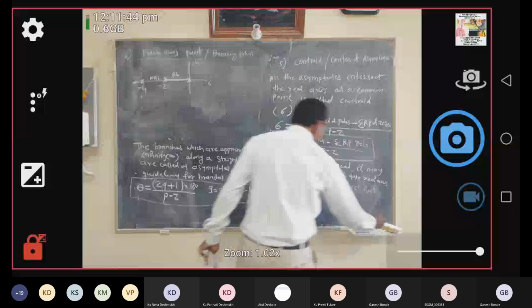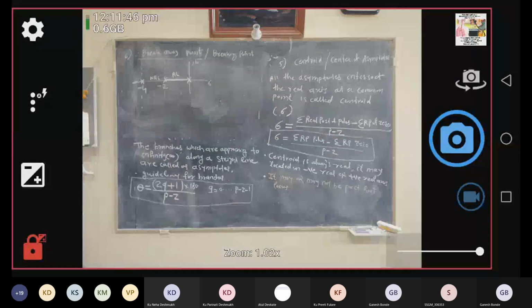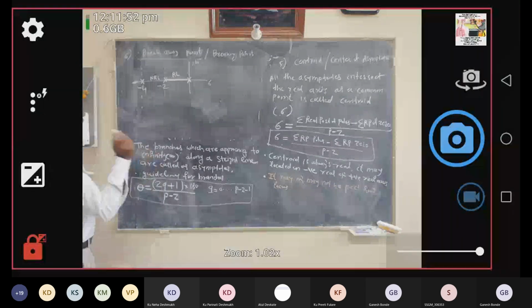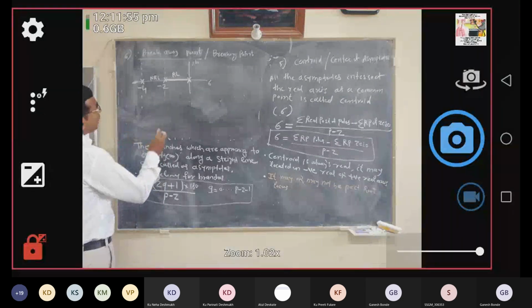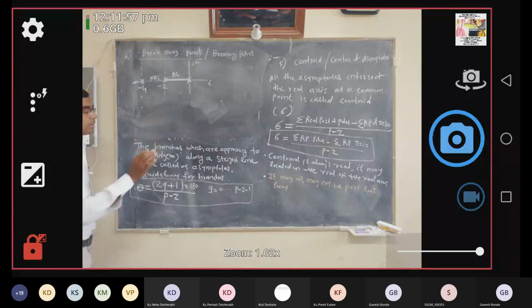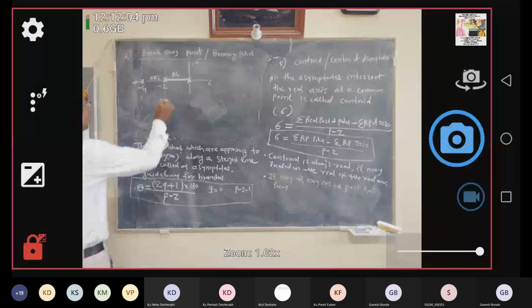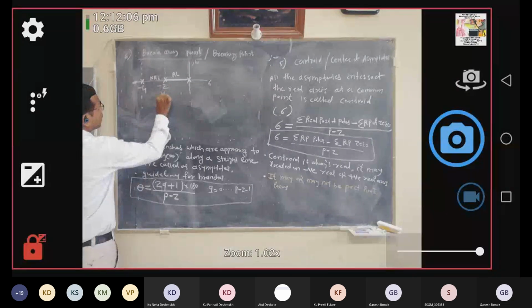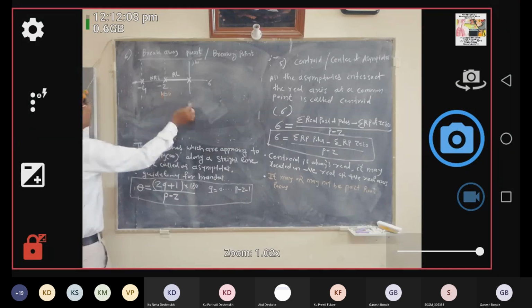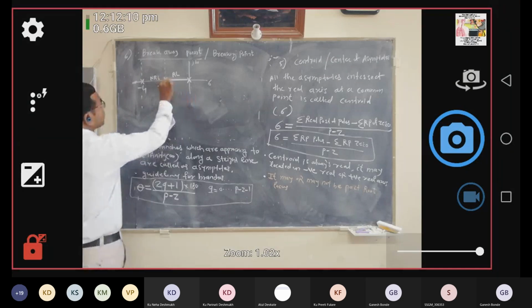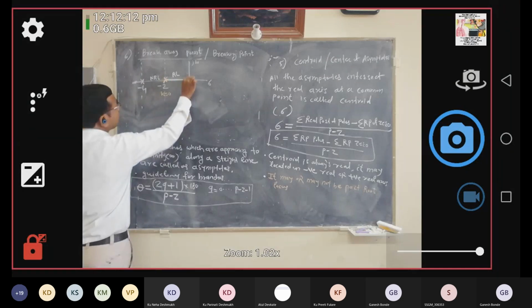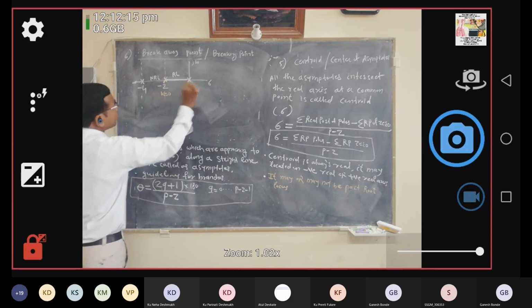Now where is the existence of the breaking point or breakaway point? In step 1 and step 2, we have seen that root locus branches always start at open loop poles and terminate at open loop zeros. Root locus branches always start at K equal to 0.